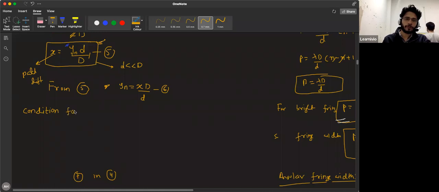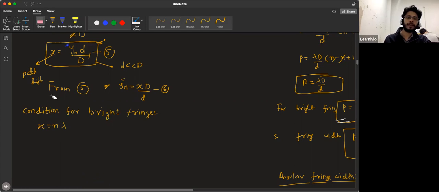Condition for bright fringe. That means the value of y for which the fringe at the point P is bright. So for bright fringe, your x should be equal to n lambda. X is equal to n lambda.